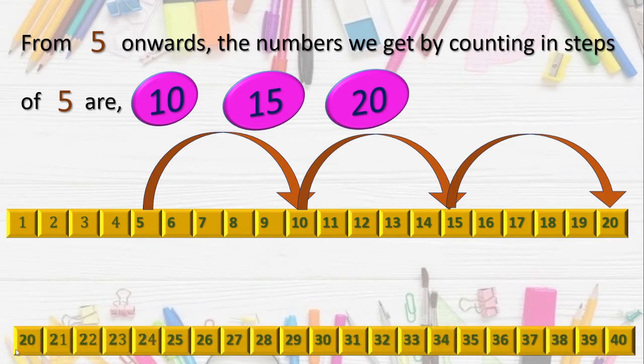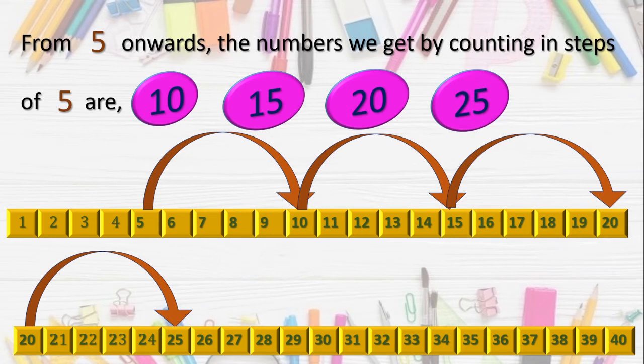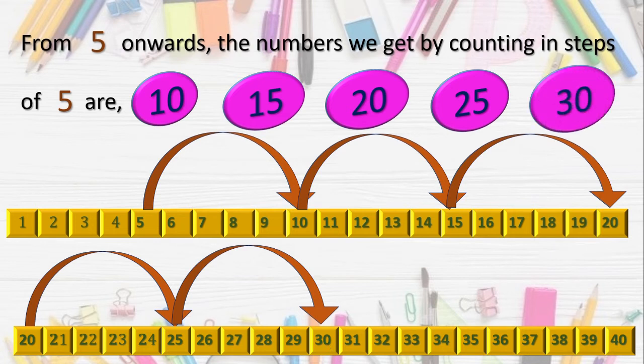Yes, here 20, so again I will count from 20. From 20 to, come on tell me, 25, very good. This is our next step and from 25 we'll reach, yes, 30 in the next step because we are following steps of 5. Correct? Did you understand? Yes.